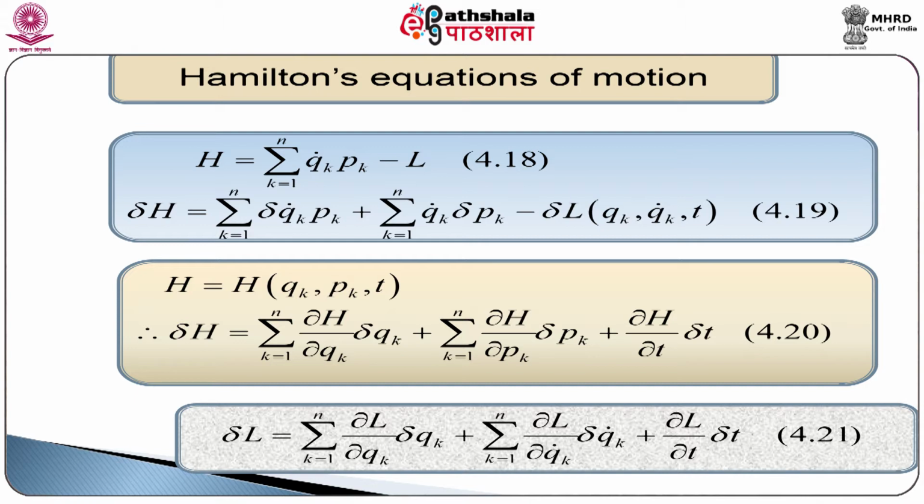Please note that Lagrangian L is a function of qk, qk dot and t, but the Hamiltonian H is a function of generalized coordinate qk, generalized momenta pk and time t.